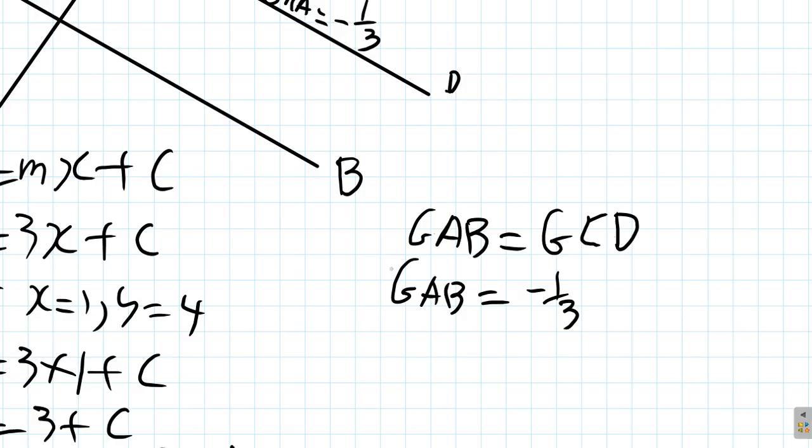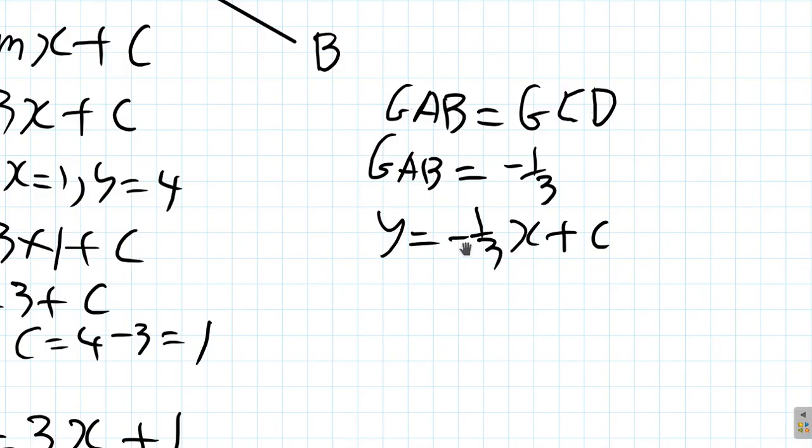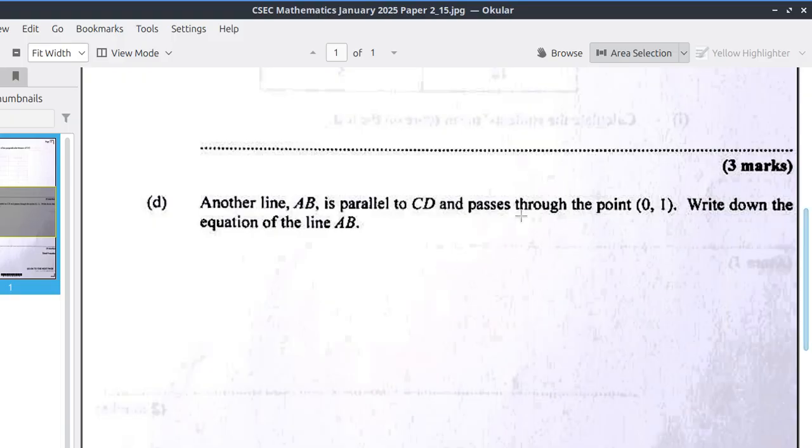Now, y is equal to negative 1/3 x plus c. So here we need the value of c. If we could find a y and an x that correspond, then we could get c. Well, we are told that the line passes through the point 0, 1.